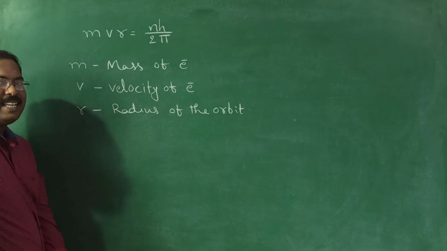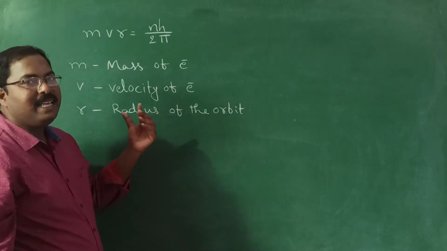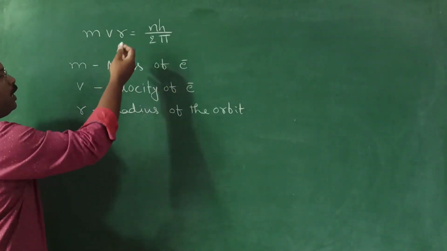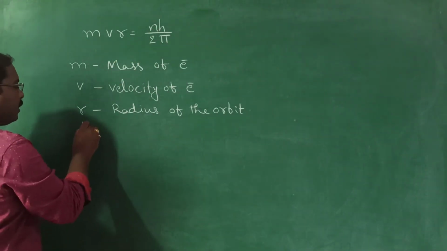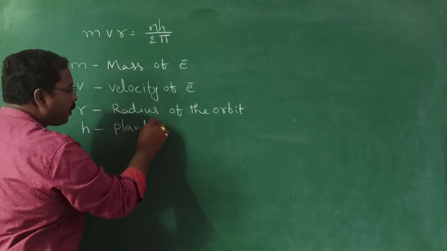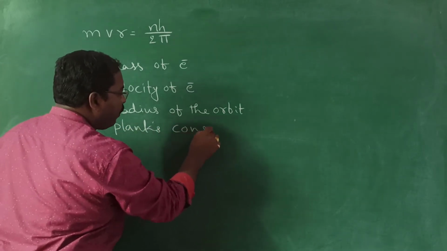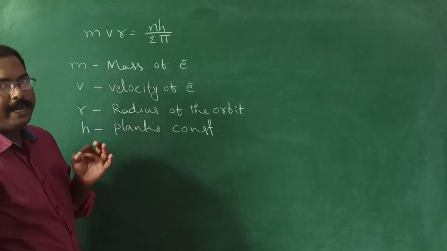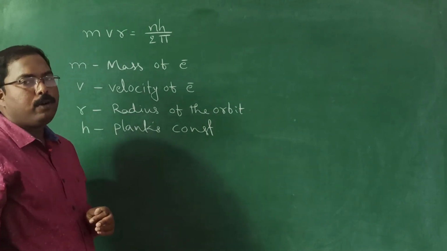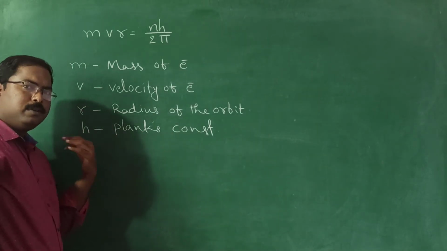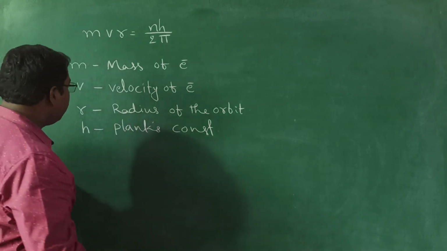Don't think it is the radius of the electron; r is nothing but the radius of the orbit. h, we know, is Planck's constant. What is the value of Planck's constant? 6.626 into 10 to the power minus 34 joules. We solved many numericals related to Planck's constant.